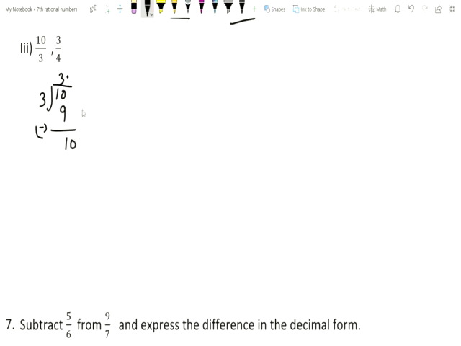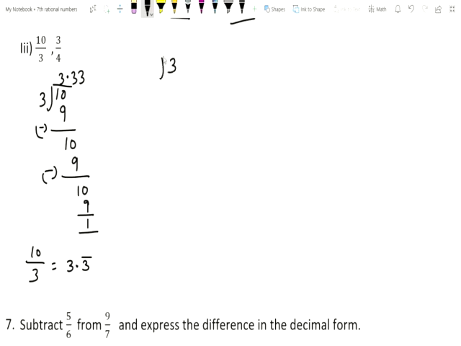Add a 0. 3 3s are 9. Subtract this. What will you get? 1, you add a 0. 3 3s are 9. So the remainder never becomes 0. So 10 by 3 is equal to 3.3 bar. And next, you find out 3 by 4.